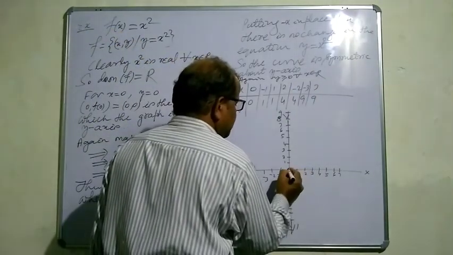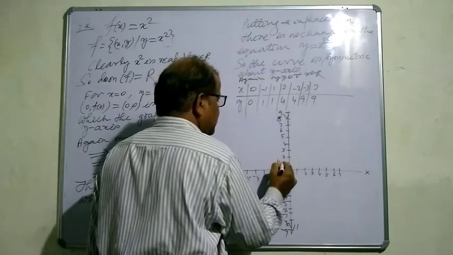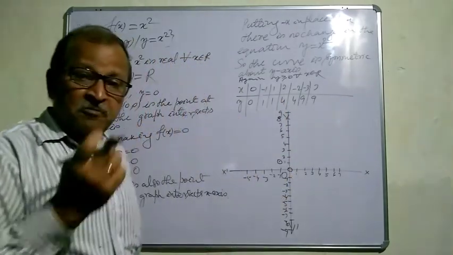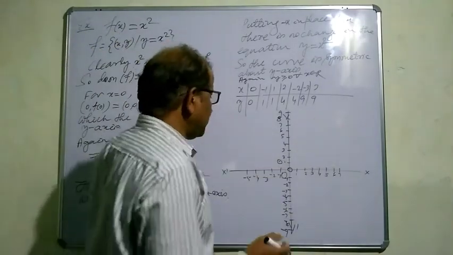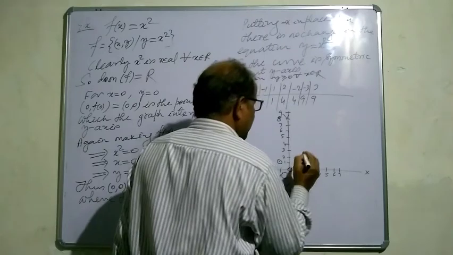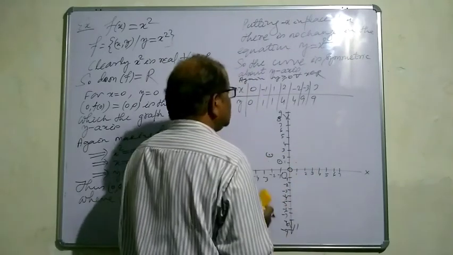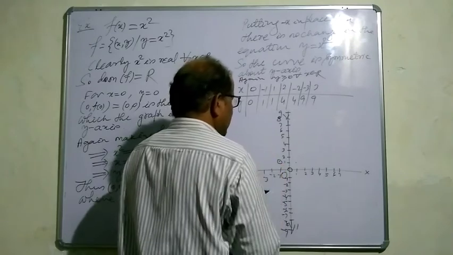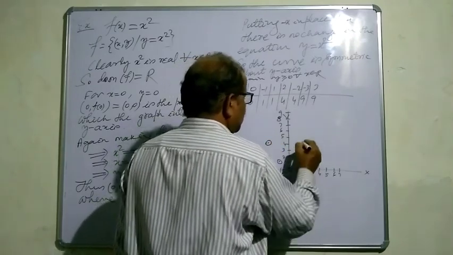(0, 0), this is a point, right? Then (minus 1, 1), this is a point. You know how to plot the points on the graph paper? 1, it is 1, right? Minus 2, sorry, minus 2, 4. Here suppose. 2, 4.